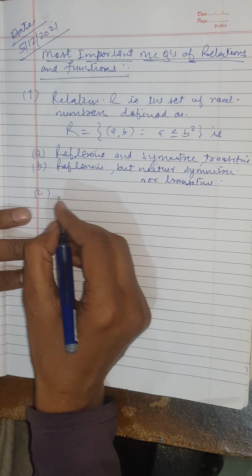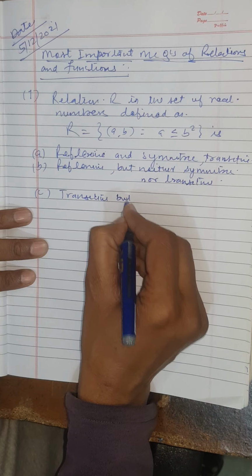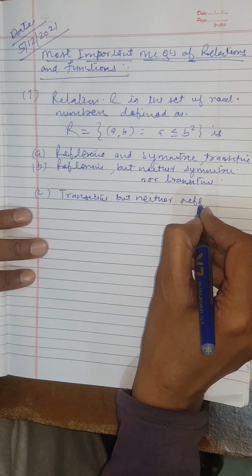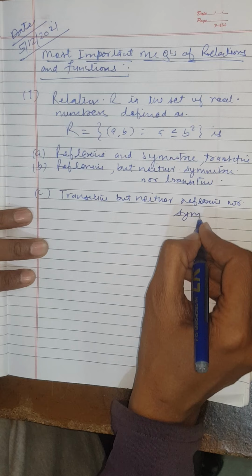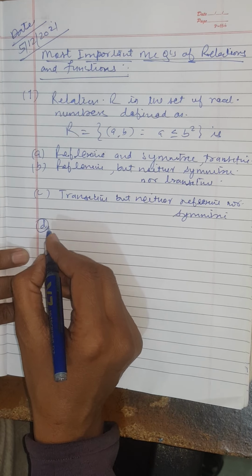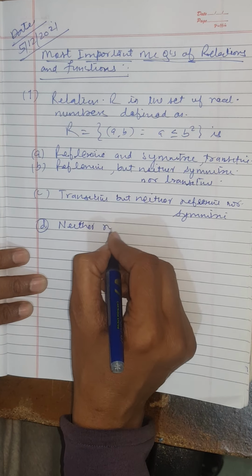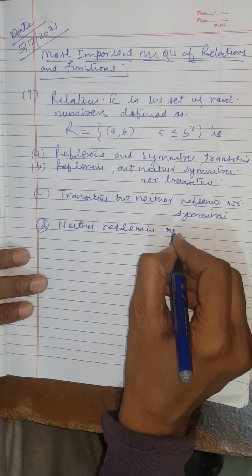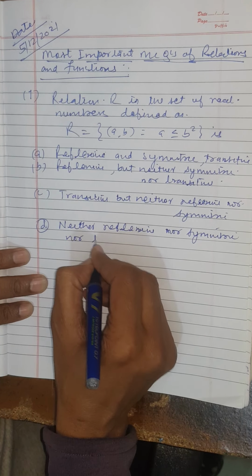Option C, transitive but neither reflexive nor symmetric, and option D, neither reflexive nor symmetric nor transitive.